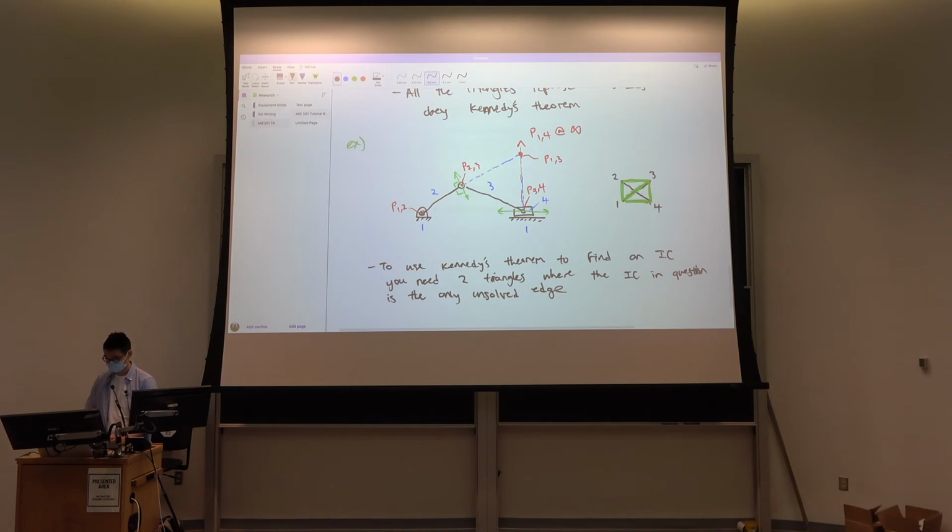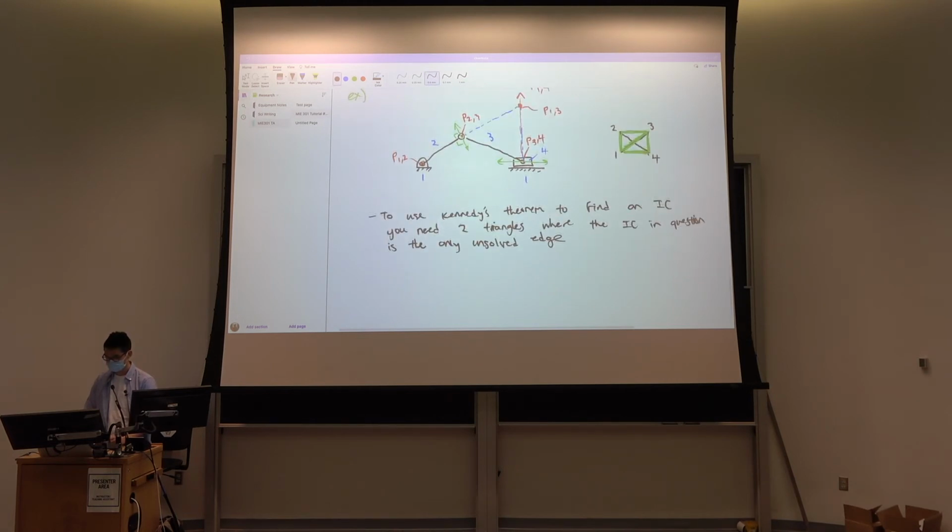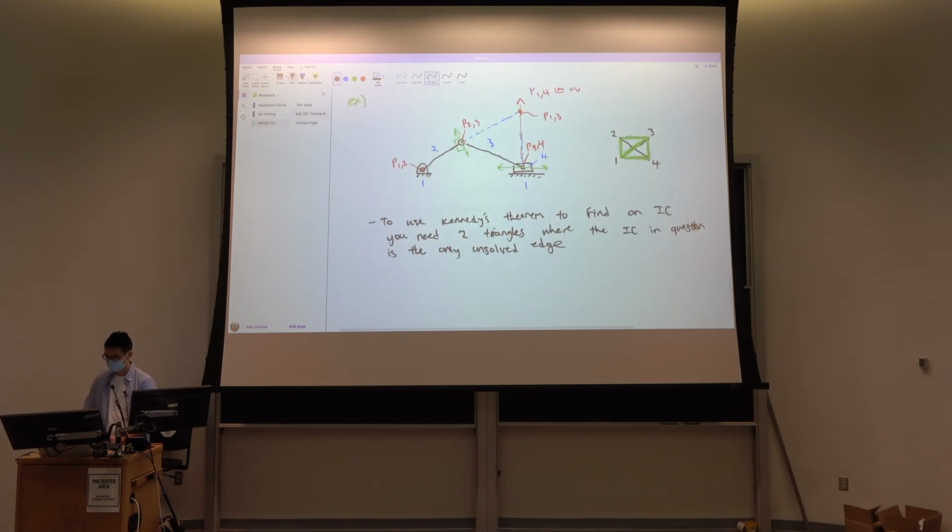And what do I mean by that? If you're looking at this auxiliary polygon here, we are looking for P24, this diagonal line from top left to bottom right, right? So if you want to use this trick, you have to find two triangles that have that as one of the sides, but everything else in those two triangles has already been found.